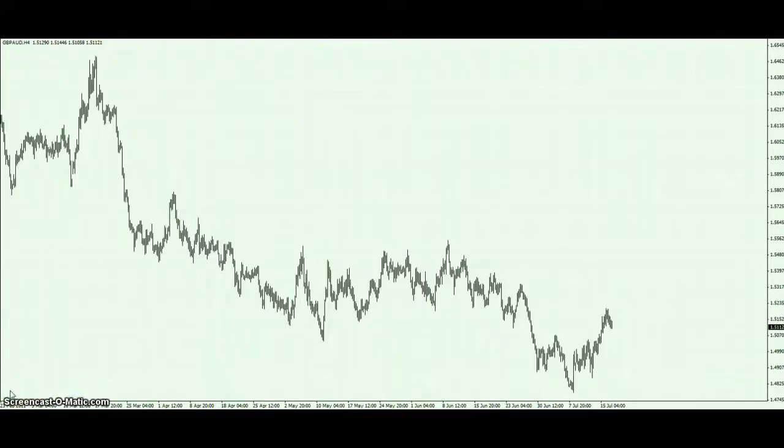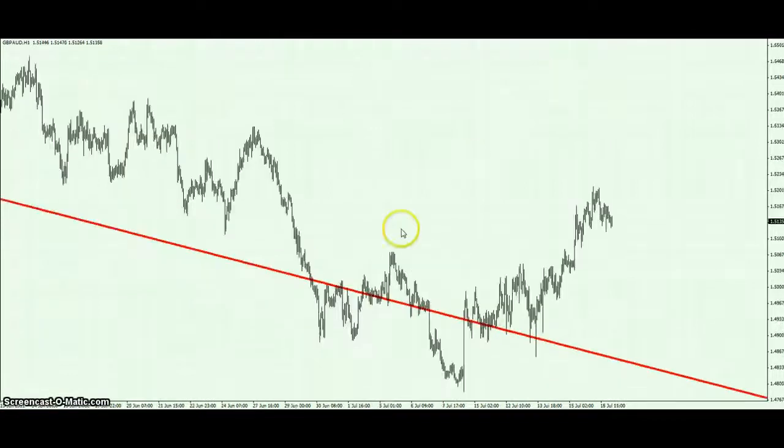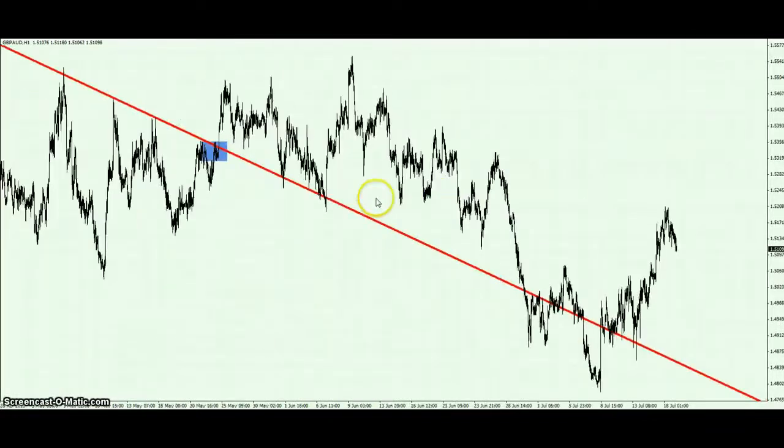Here we're looking at a chart of pound against the Aussie, and I just want to demonstrate another kind of principle here. I'm drawing a trend line connecting this high here with the highs over here, so we can see that this line was actually holding the price. We have a breach of the trend line here, and we're on an H4 chart, so maybe if I just adjust the time frame, we'll be able to get a better look at that.